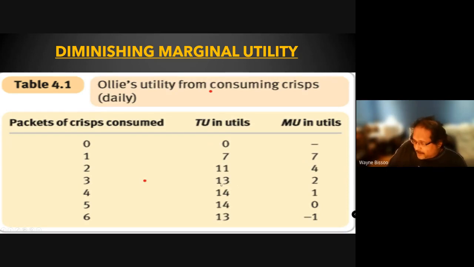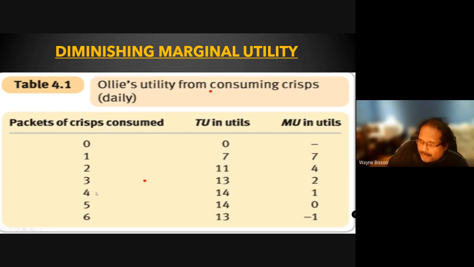And therefore, his marginal utility will be 13 minus 11, which gives us 2. So far, so good? Notice something here, that the marginal utility is measuring the amount by which his utility is changing as a result of each consumption of the good.